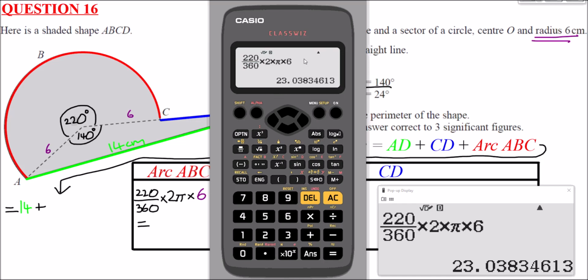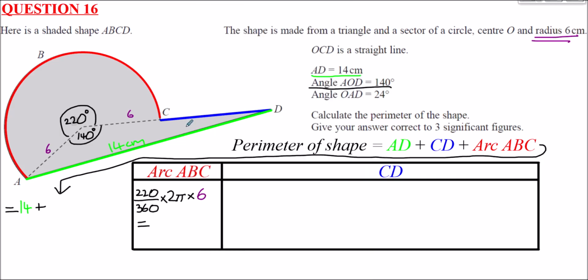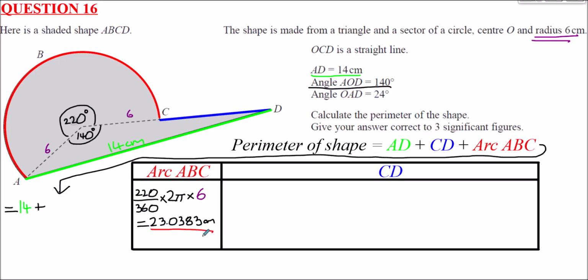As a decimal, we have 23.0383. Sorry, I changed the 23 to 22 in my mind for some reason, which isn't a really good idea. Anyway, so 23.0383. The next bit to think about is CD.